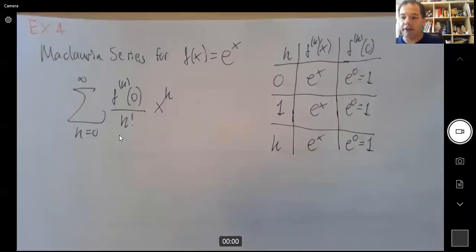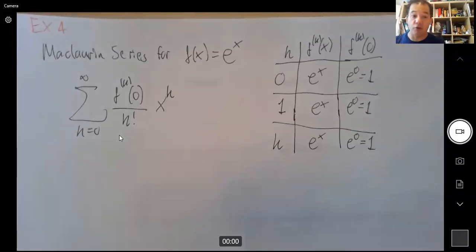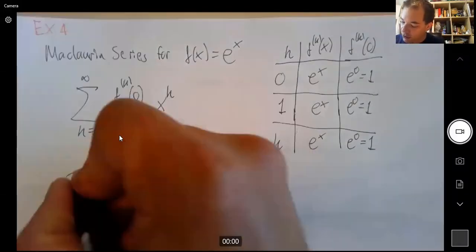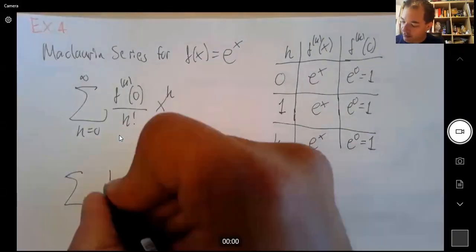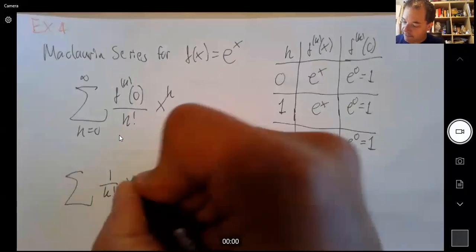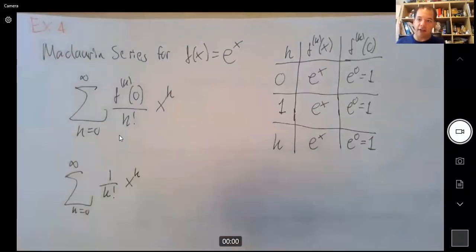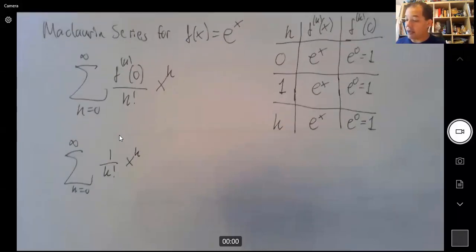So this is probably the best example they could have thrown at us, right? In terms of difficulty. Super easy. So what is the answer? The answer is 1. They're all 1, right? 1 over k factorial, x to the k. We are done. So that's the Maclaurin series. Now let's find out the radius of convergence.